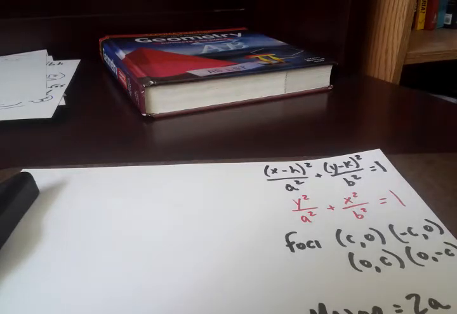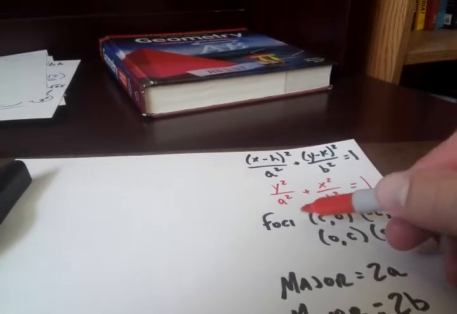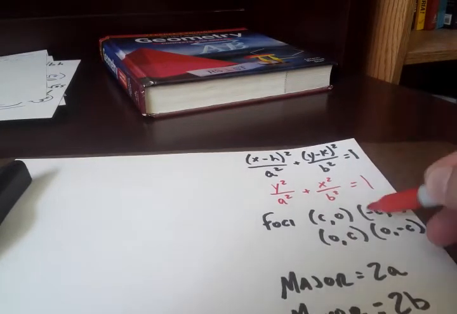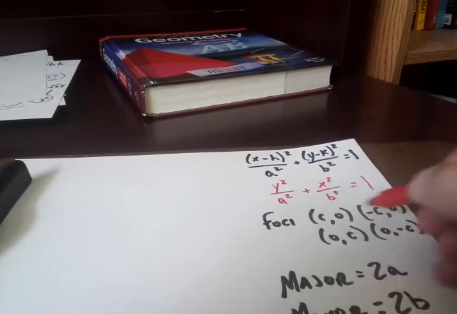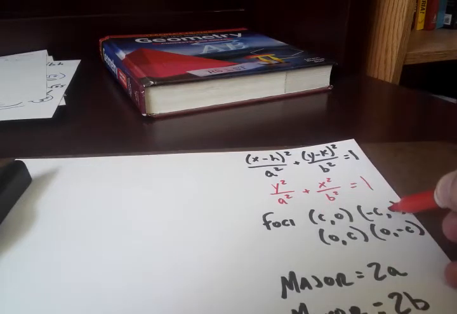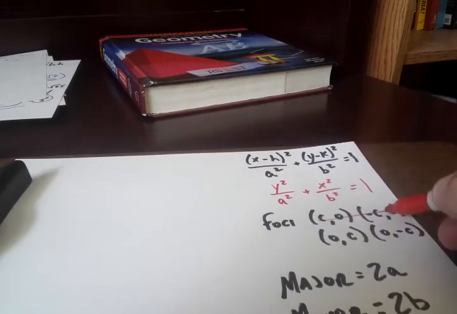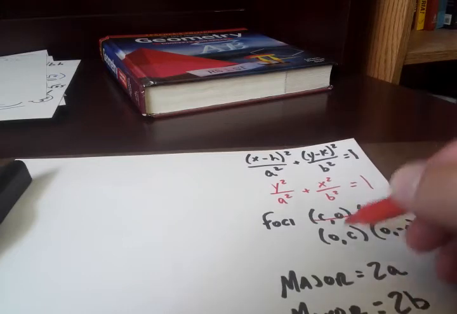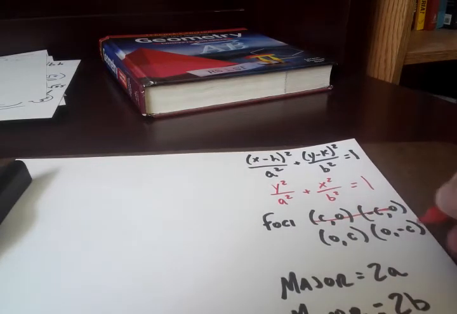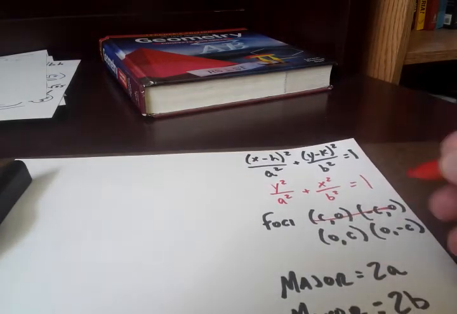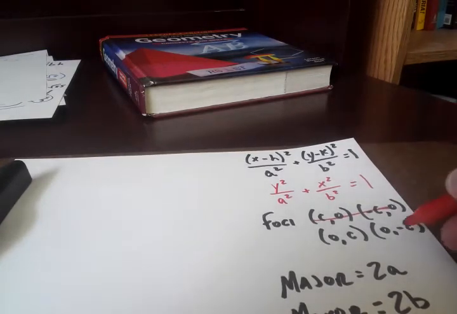Okay, so a lot of things here. Let's stay with the foci. All right, so the foci is listed as c, 0 and then negative c, 0. But this is for a horizontal ellipse. So we don't want that. We want these two, 0, c and then 0, negative c, because these are the foci points for a vertical ellipse.